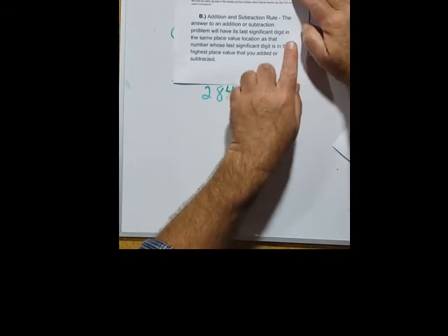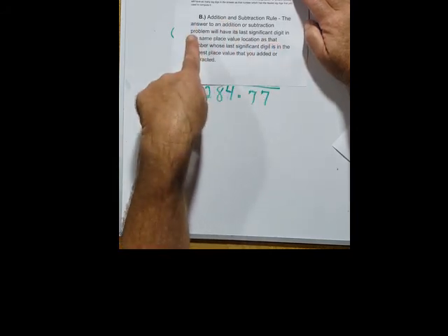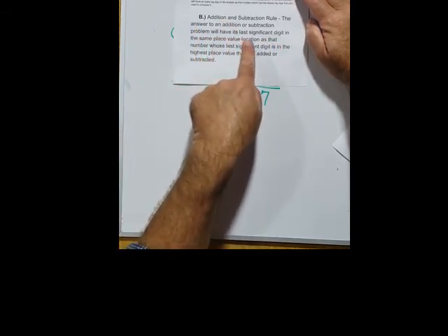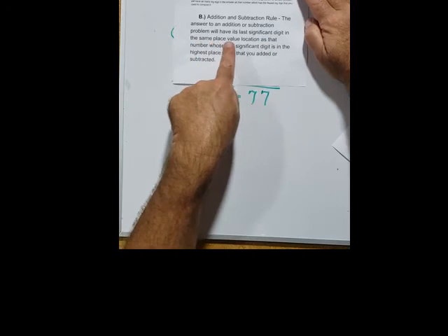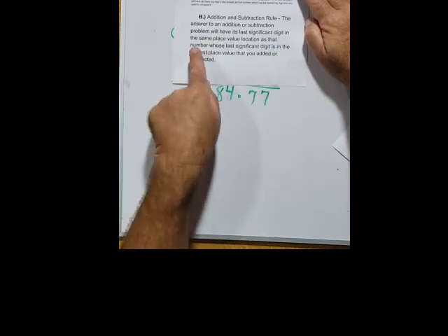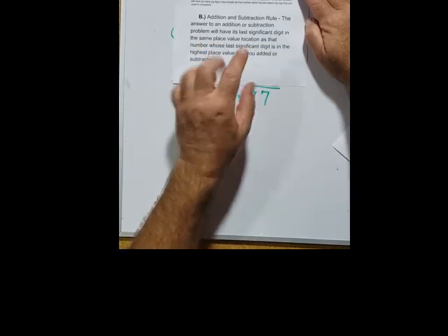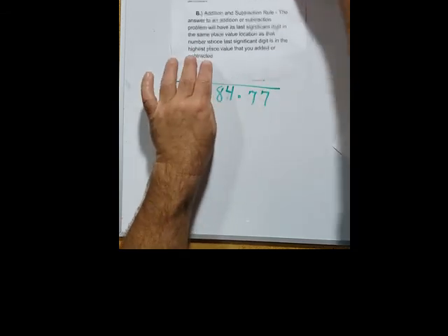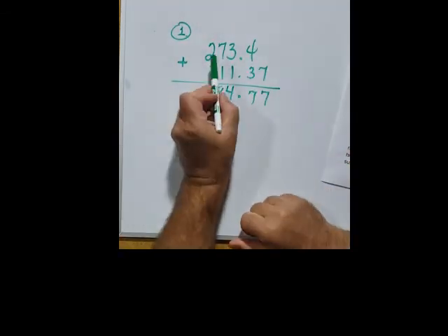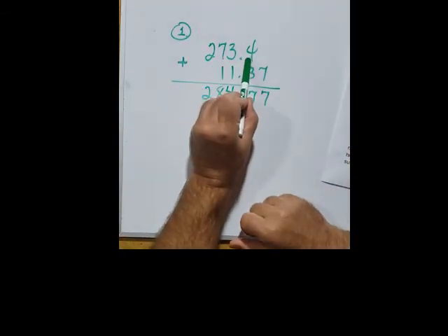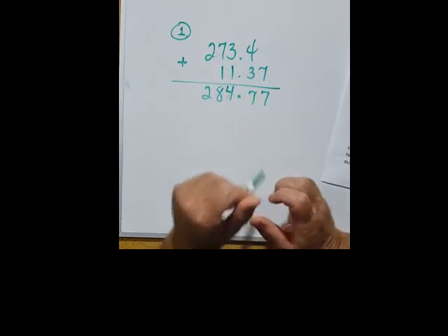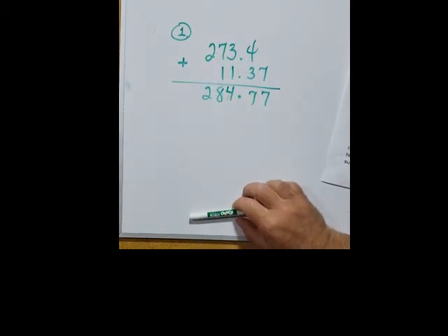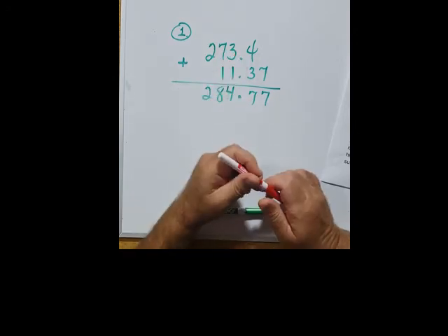And again, if we go back and look at it, the answer to an addition or subtraction problem will have its last sig dig in the same place value location as the number we added together whose last significant digit is in the highest place value. So we need to go back here, look at the location of the last sig dig in each of these numbers. Where is the last significant digit for the 273.4 data?